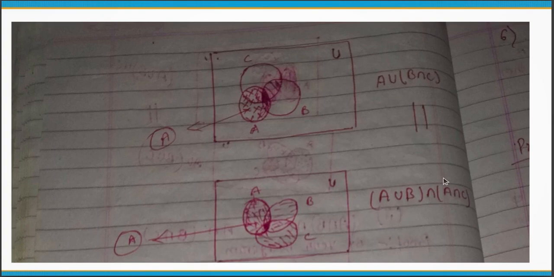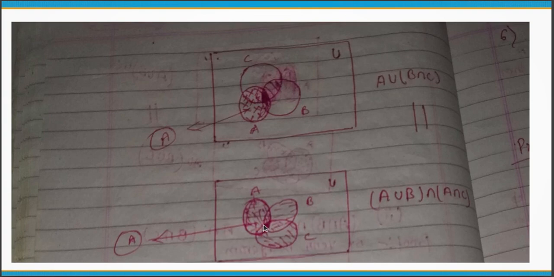Now similarly you can do A union B intersection A union C. A union B intersection A union C. You can correct it as union C. Now first A union B shaded out. Now A union C shaded out.